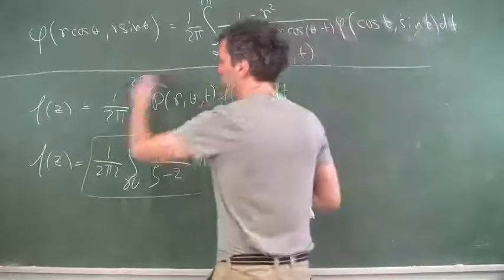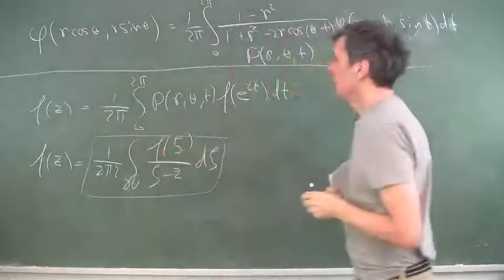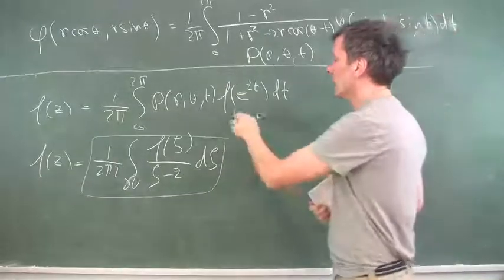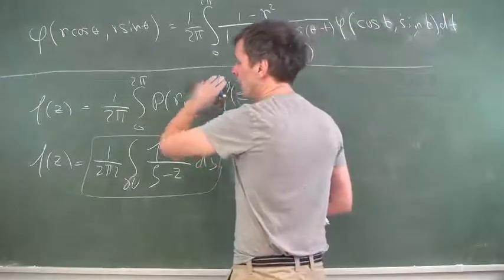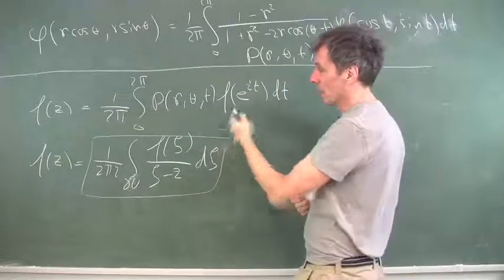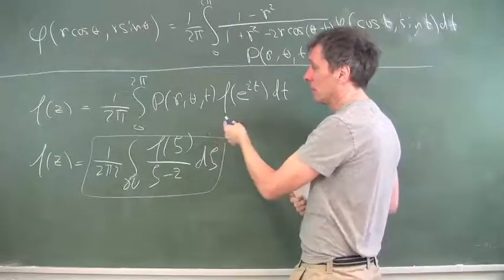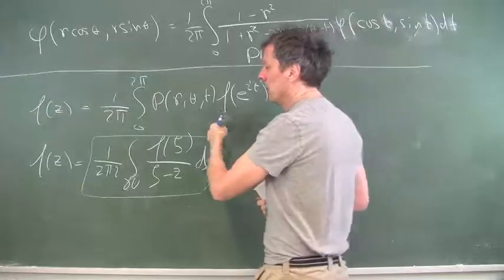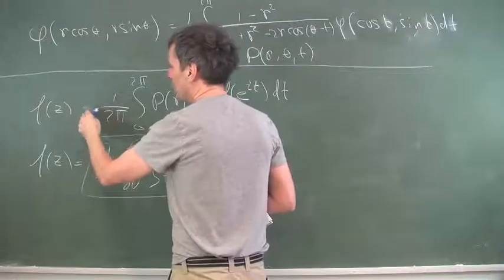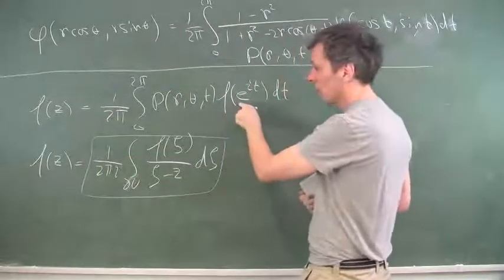But what happens if you use the Poisson formula instead? Well, the Poisson formula will always reproduce a function which is harmonic, and it will agree with the given function on the boundary.